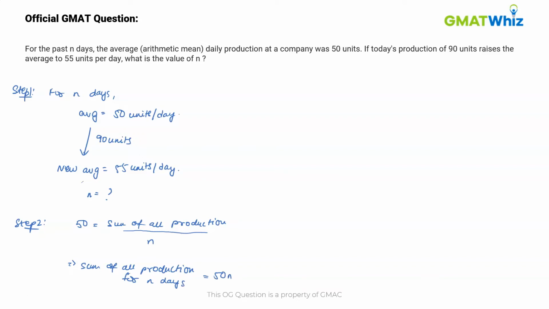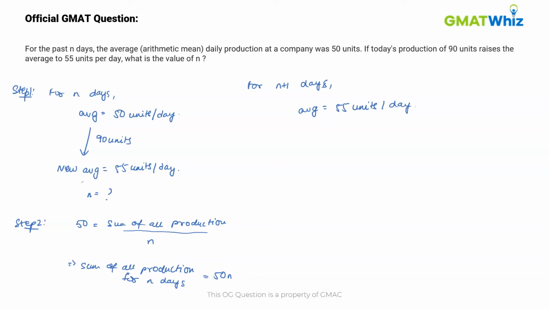Now, 1 day's production of 90 units raises the average to 55 units. So initially, if there were n number of days, the new number of days will be n plus 1. So for n plus 1 days, the average becomes 55 units per day.